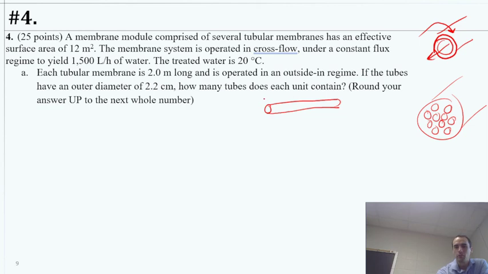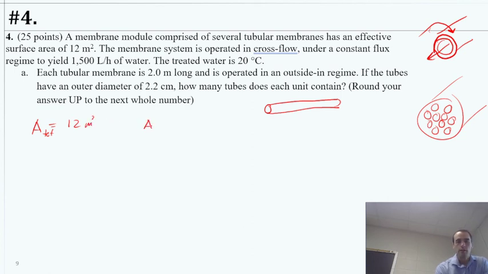Anyhow, okay, so this problem is really dealing with that outer diameter. That's going to be our separation. And so what we're looking for to answer this problem is, how many of these tubes are required to meet a total surface area, say area total, of 12 square meters.